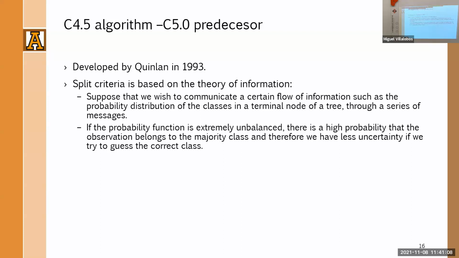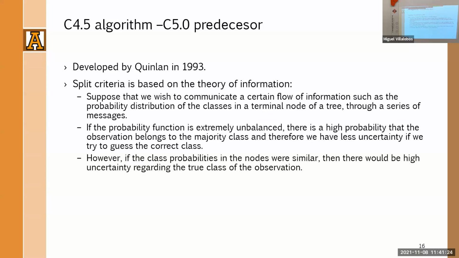So the more unbalanced the probabilities for the classes are, the easier it's going to be to make a decision. If the class probabilities in the nodes were very similar, then I would need to provide more information so that somebody can make a decision, classify something as heart attack or not.